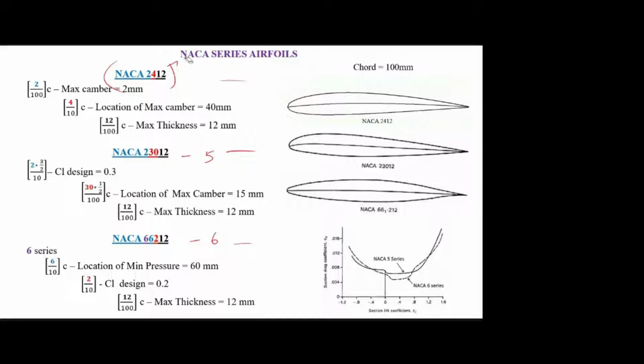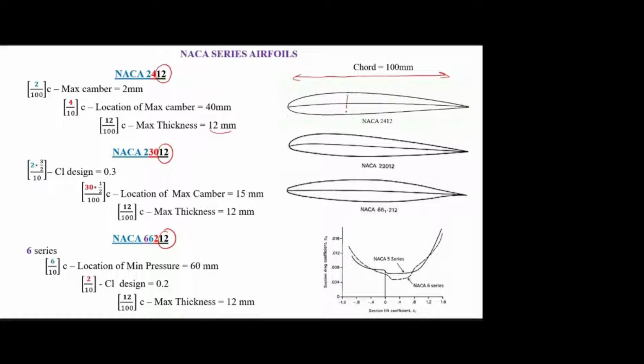Each number indicates the geometry of the airfoil. In all airfoils, the last 2 digits indicate the maximum thickness of the airfoil, whether it is 4 series, 5 series, or 6 series. Assume the total chord of the airfoil is 100 mm, then this 12 is 12 divided by 100 into C, that means 12 mm.